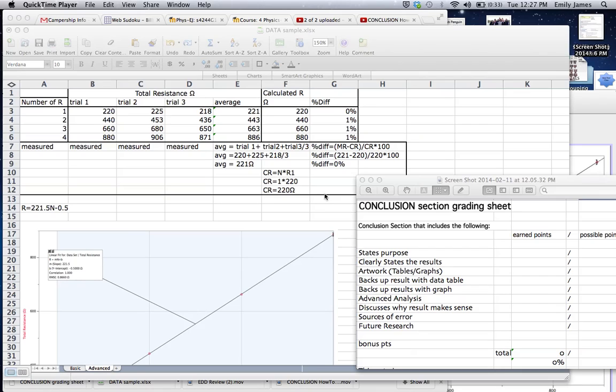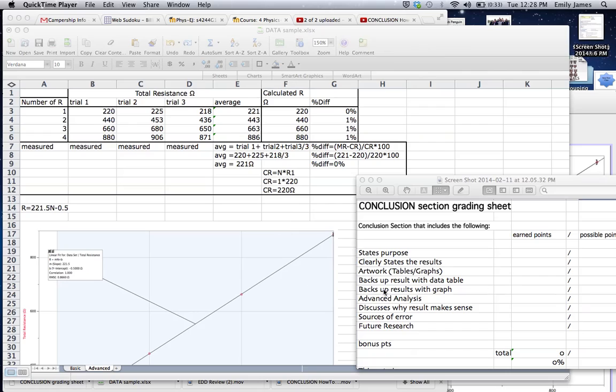So you're going to tell me what the answer is as soon as you state the purpose. So if our purpose was to figure out how the total resistance was affected by the number of resistors, I can say that I found that as the number of resistors increased, the total resistance increased.